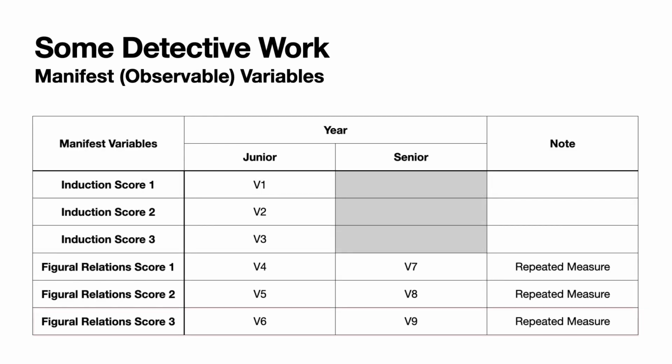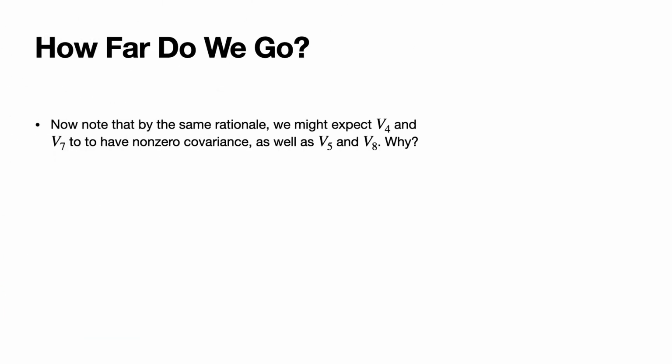Now, this is a reasonable rationale in the context of the underlying theory of what's being researched here. Again, V6 and V9 are repeated measures on the third figural relation score. Now note that by the same rationale, we might expect V4 and V7 to have non-zero covariance as well as V5 and V8.